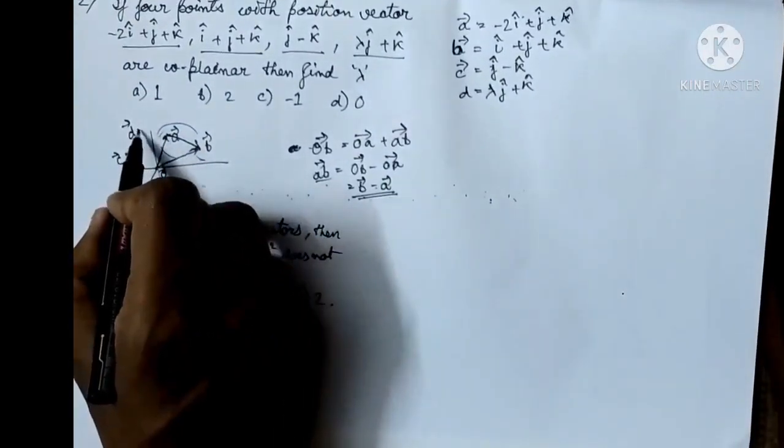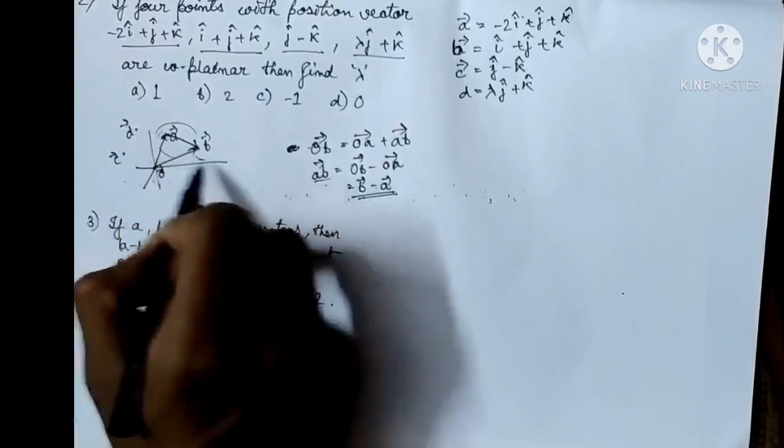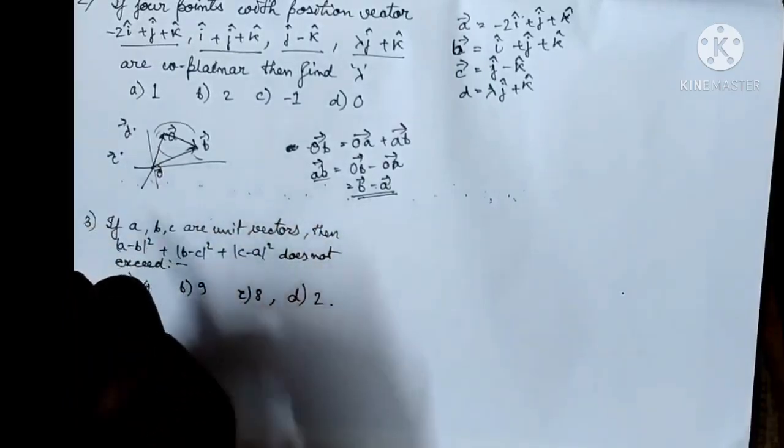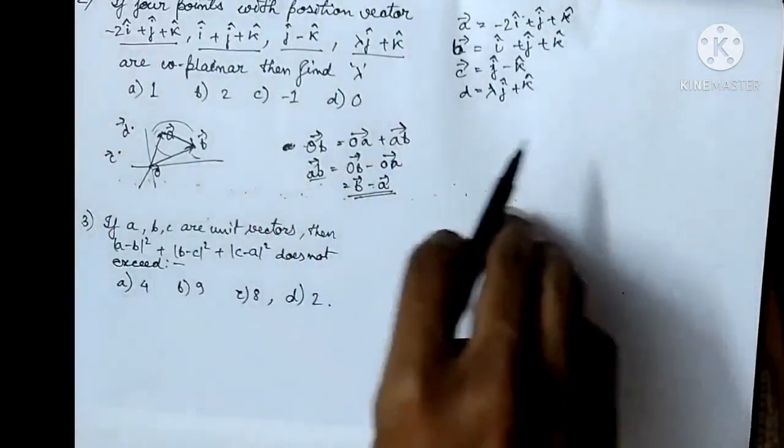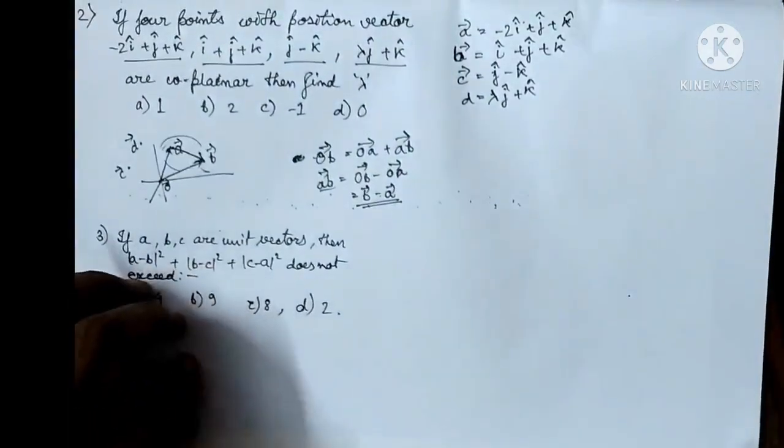Any two lines we need must include the lambda term, because we are just finding the value of lambda.